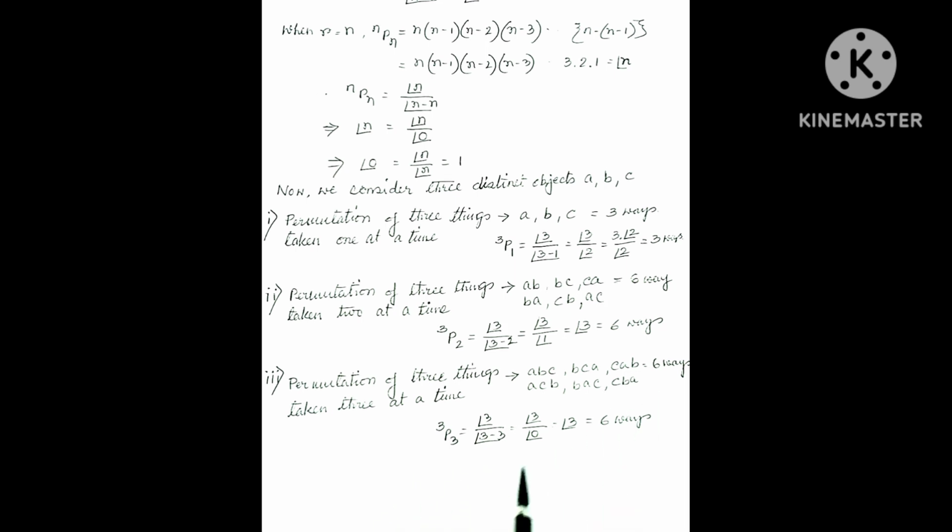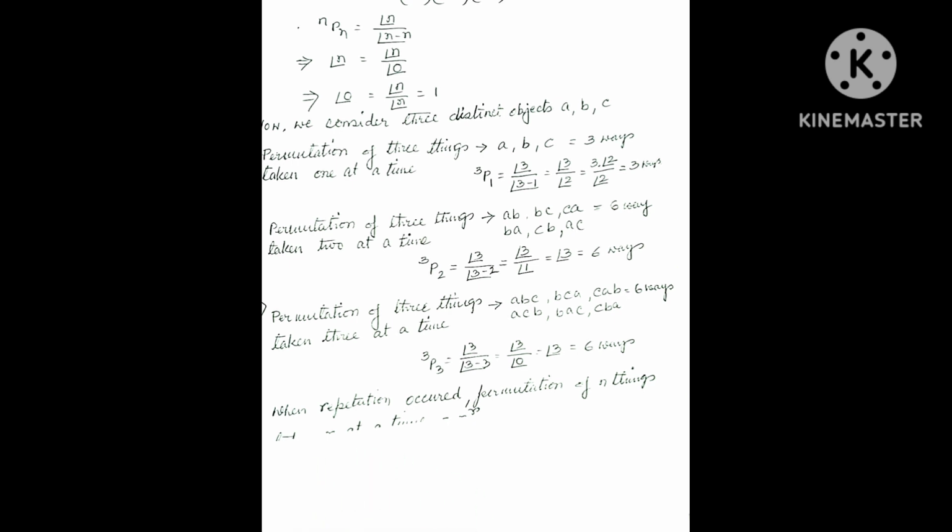Now, we put the values of n and r in nPr, that is 3P3 is equal to factorial 3 by factorial 3 minus 3 is equal to factorial 3 by factorial 0 is equal to factorial 3 is equal to 6 ways. That is, we find that the arrangement of n things taken r at a time is nPr, that is factorial n by factorial n minus r, where all objects are distinct.